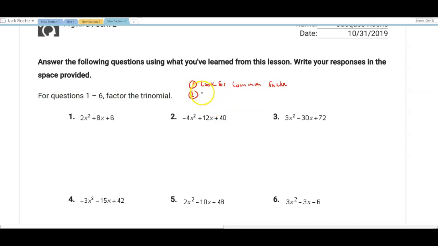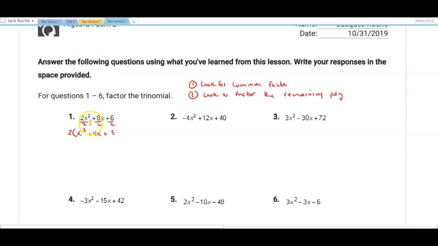Once we find that common factor, then we look to factor the remaining polynomial. So when I look here, the GCF in this problem, 2, 8, and 6 can all be divided by 2. So I pull out the 2. And what do I have left over here? X squared plus 4x plus 3.